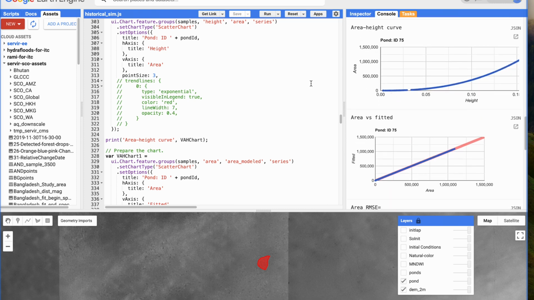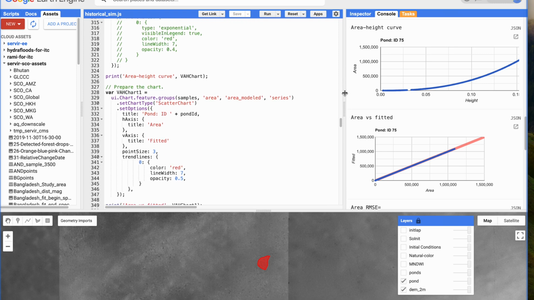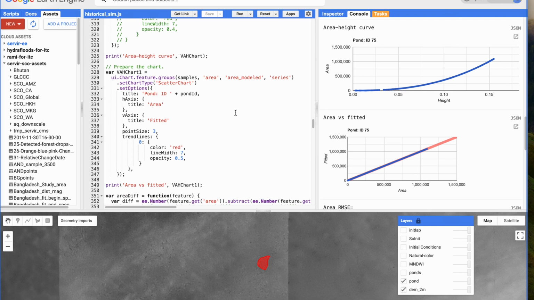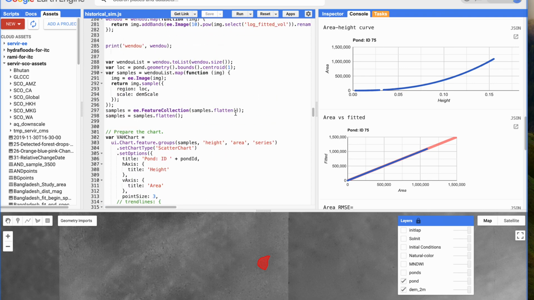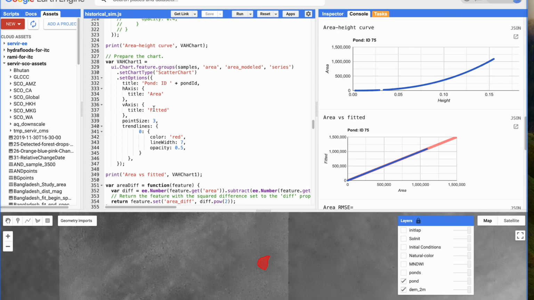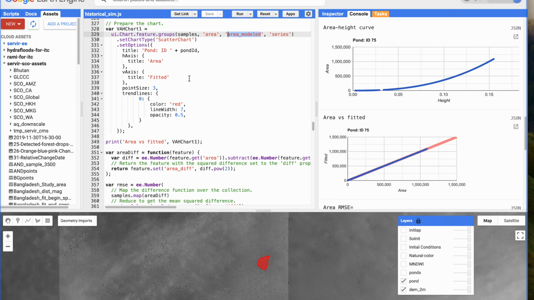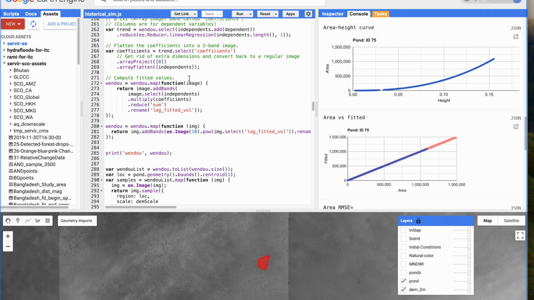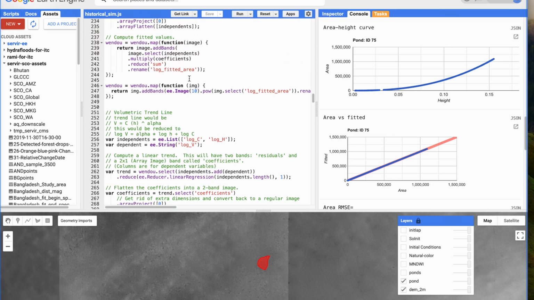Yeah, so the area height curve is this one. It's basically plotting the values from the image collection, height on the x-axis and the area on the y-axis. I did this a while back, so let me go back and see.